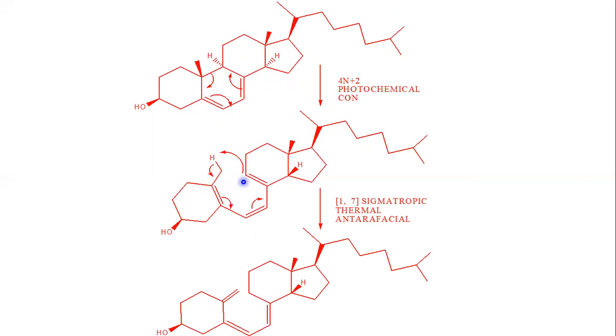Then it becomes possible to do the 1,7 sigmatropic thermal reaction. Though antarafacial is not favored, in case of large ring systems like 1,7 sigmatropic, 1,7 thermal antarafacial shifts also become geometrically feasible. For doing a 1,7 sigmatropic rearrangement reaction, there must be a conjugated triene system.